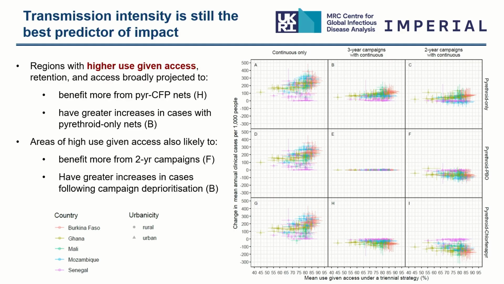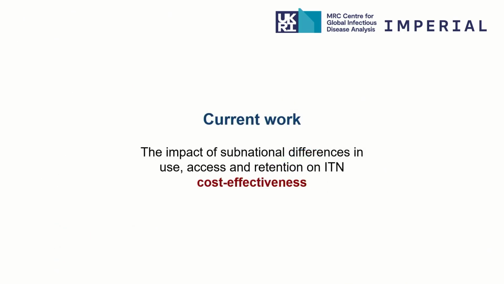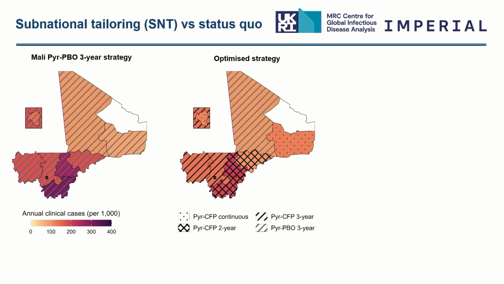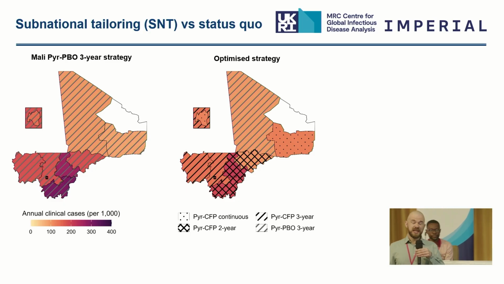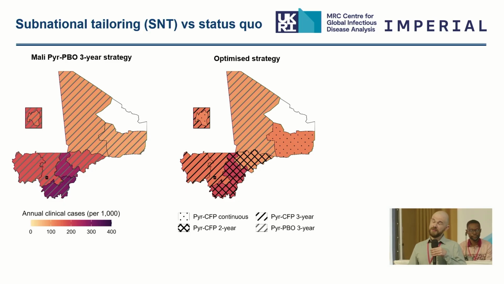So now if I move on to cost effectiveness, here we go. What we've been playing around with is looking at situations such as this one, which is an example for Mali. On the left here, we've generated estimates of how many clinical cases there would be annually if we conducted 3-year distribution of PBO nets everywhere.